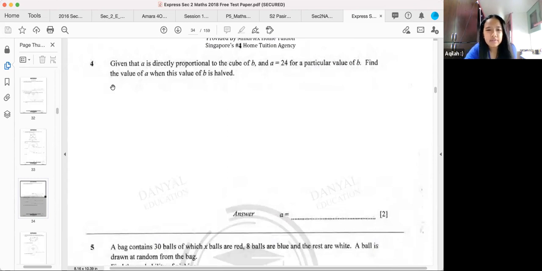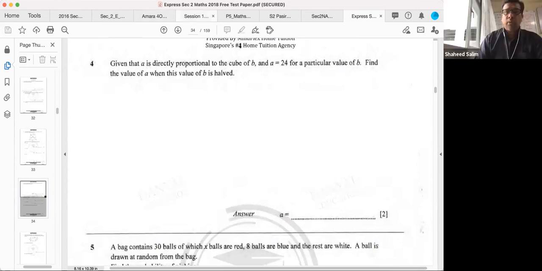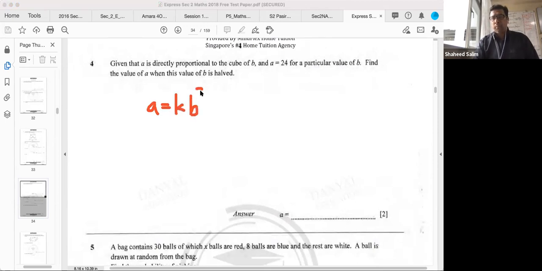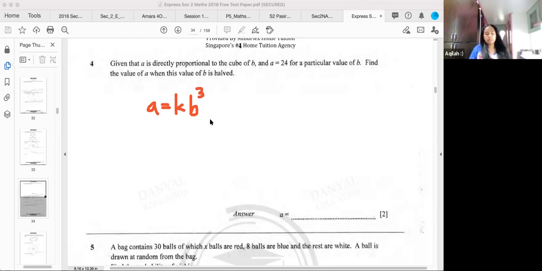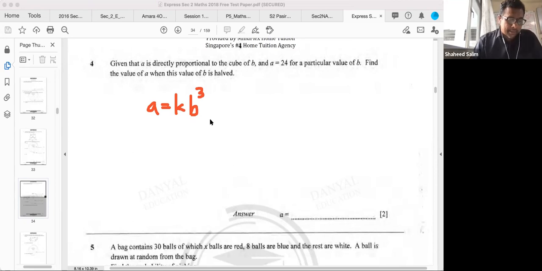I need help with this. Okay. Now, you remember the formula for direct proportion, right? So y equals kx. So this one equals b cubed. Is this okay? So you need to find what k is.